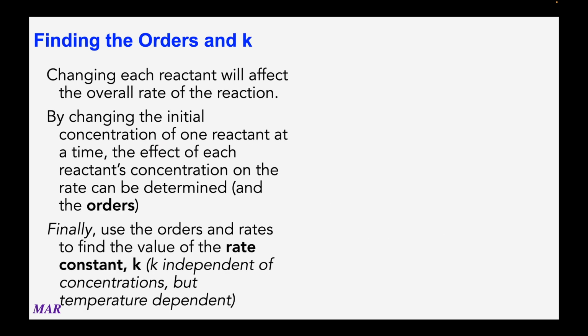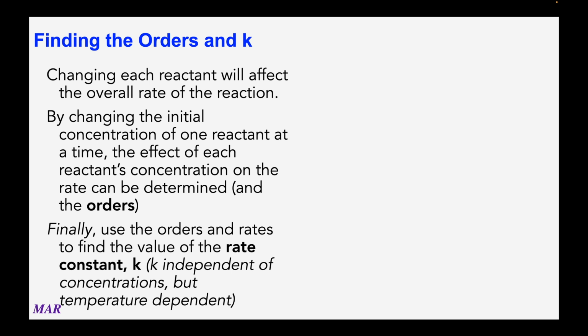To find the orders of reaction and then eventually K, what scientists usually do is they'll change one reactant in a reaction without changing the other reactant. And they'll monitor the effect on the speed or rate of the reaction. If you change just the initial concentration of one reactant, then you can figure out the effect on the rate to figure out the orders.